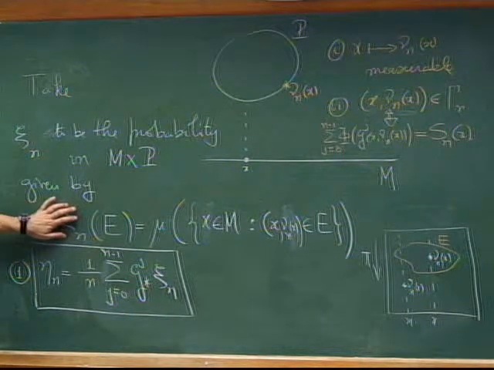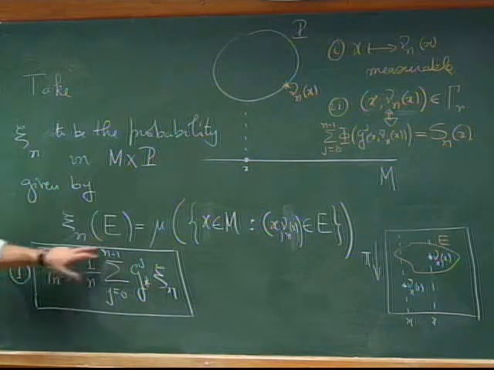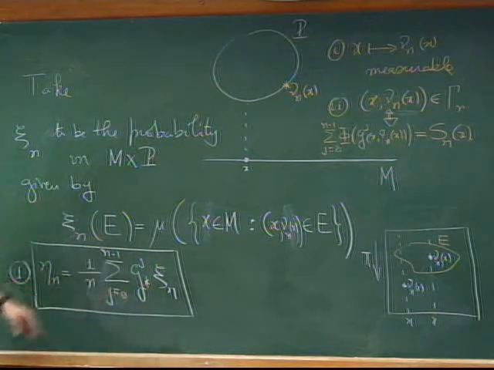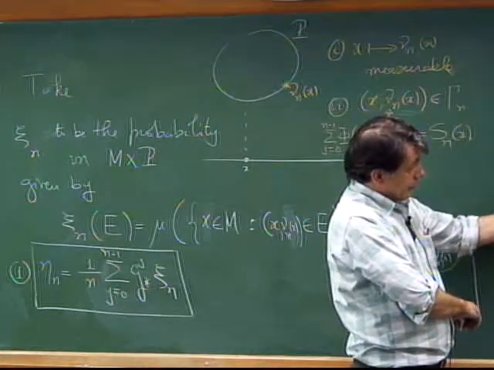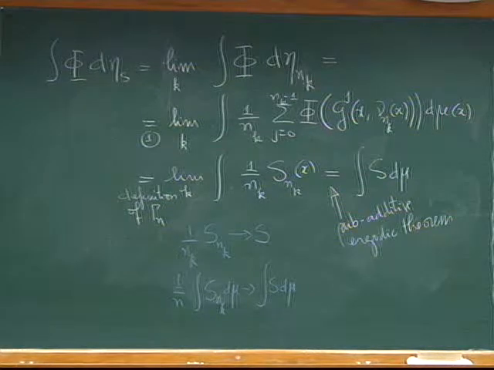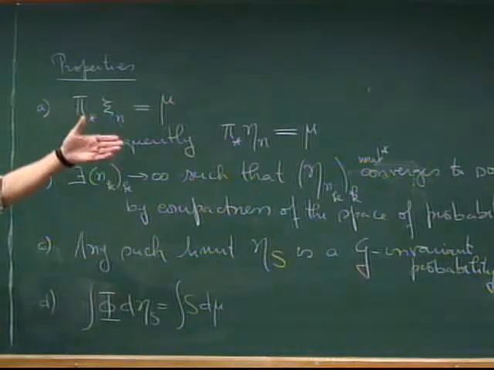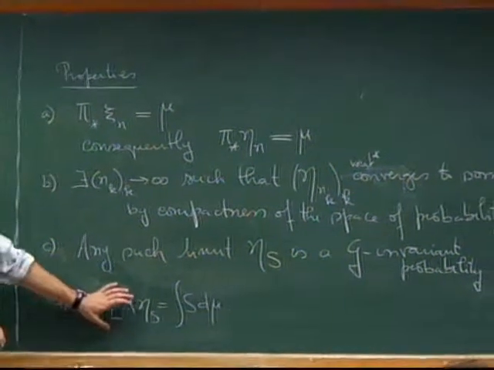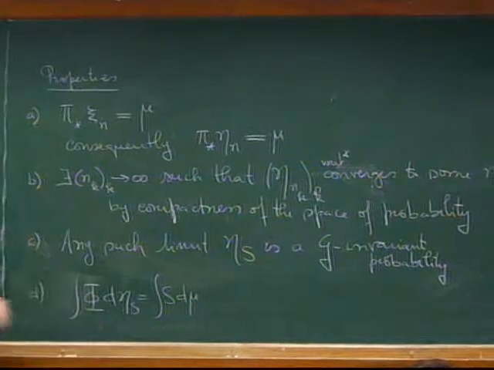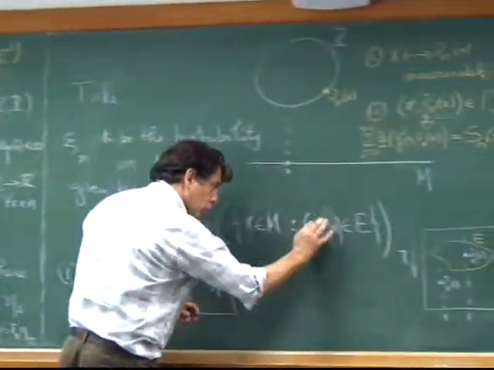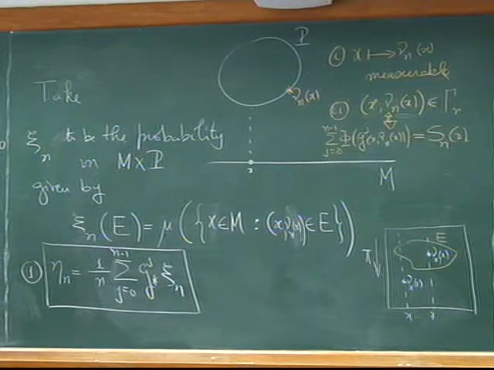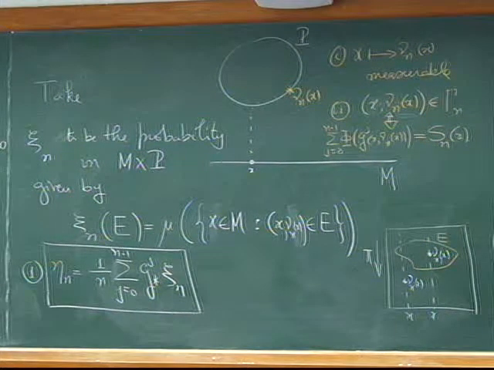You start with an initial measure, you take the average of the first n iterates, go to the limit. Well, the limit may not exist, but there always exists some converging subsequence, and then just a straightforward calculation shows that any accumulation point satisfies the equality that we wanted, because we started by putting Cn in the right place, by putting it on top of points that realize the maximum. Okay, so that's 3 or 4 ingredients.